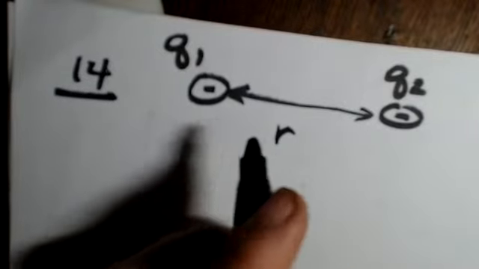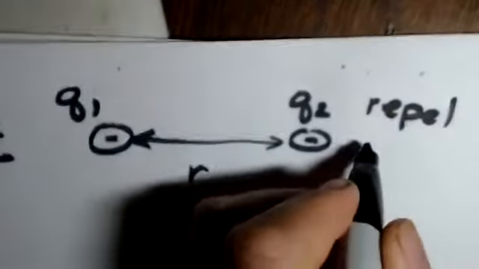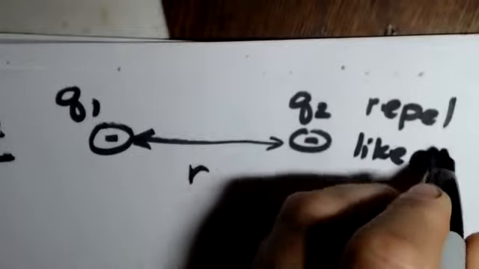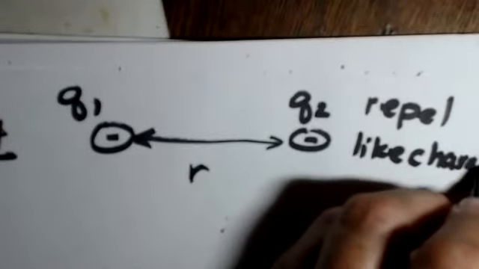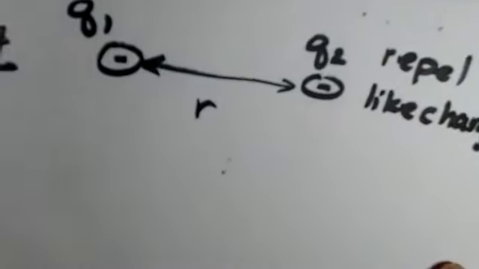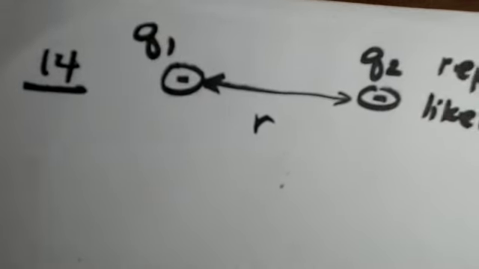Even if they didn't tell me that, I would know they repel because these are like charges. They're both negative, so they're going to repel each other.